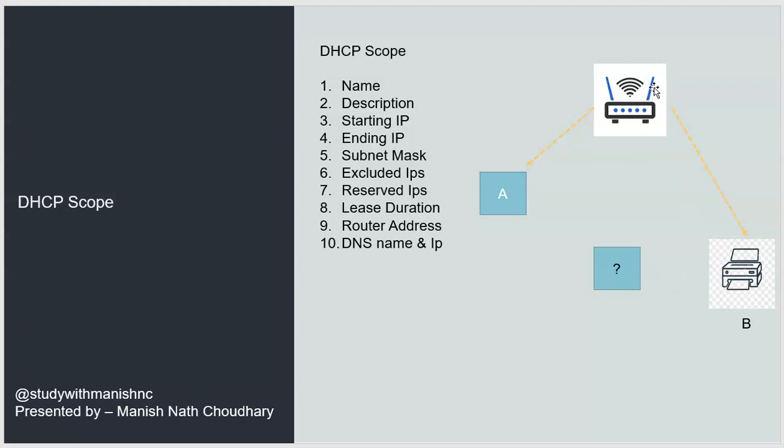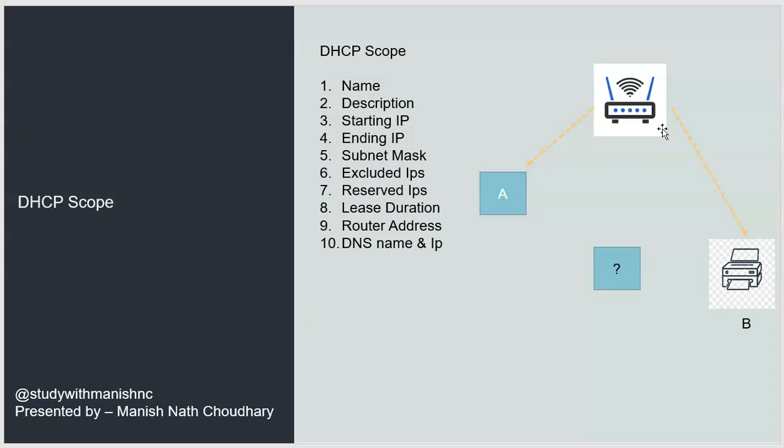So what type of information does the DHCP server provide to the client? I say client because every system has a DHCP client, and that client is responsible for sending requests to the DHCP server. In the fourth request, the DHCP server provides: name, description, starting IP, ending IP, subnet mask, excluded IPs.